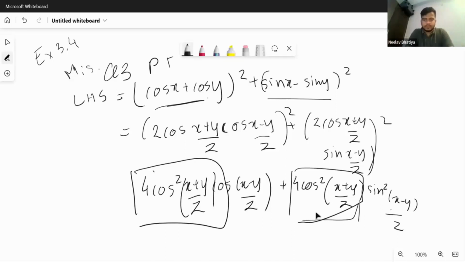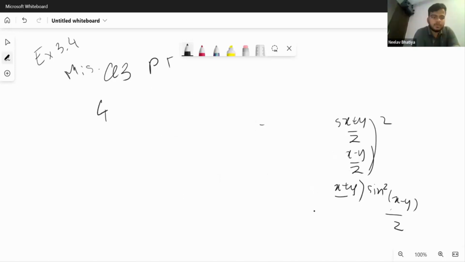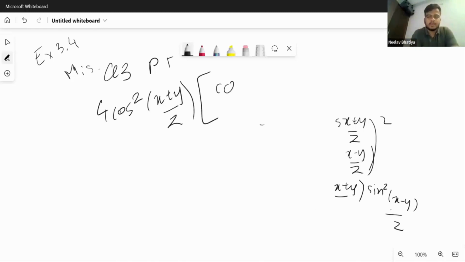So we had to prove something of the sort: this entire term equates to the RHS, right? This term could be taken out common from both these two terms. So when I do that, what do I get? Let's try and write that. I get 4 cos square x plus y by 2 as common, and in the bracket I get cos square x minus y by 2 plus sin square x minus y by 2.